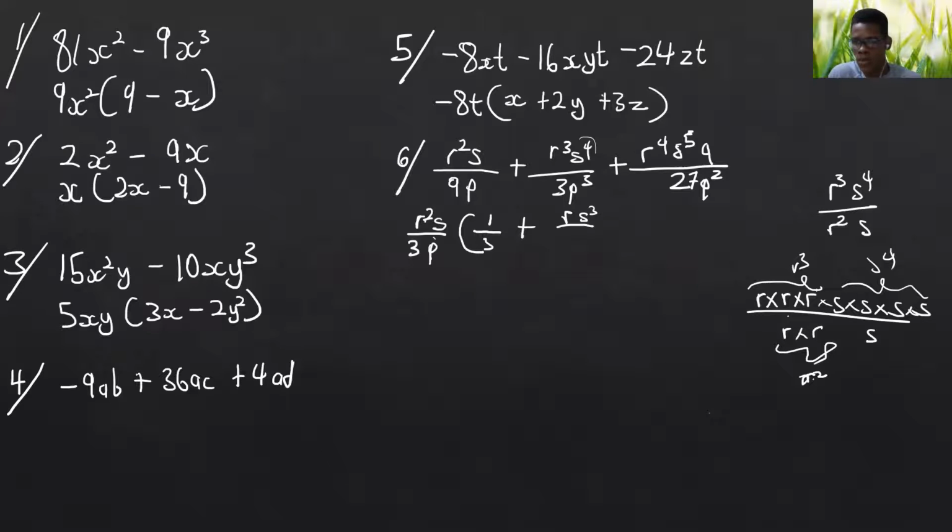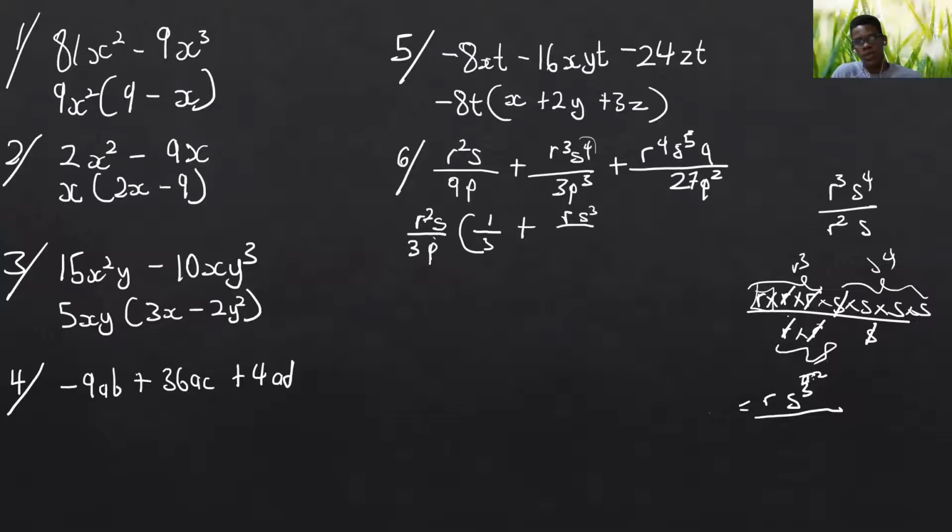Now coming over here to the division, again, anything divided by itself will just cancel out or give you 1. So r and r goes out with 2 of these r's. So you just end up with the 1 r on top. And then s goes out with 1 of these s's. So you just have 3 s's multiplying each other left, and 3 s's multiplying each other is s to the third power. So we just end up with r s to the third power, which is exactly what we have here.